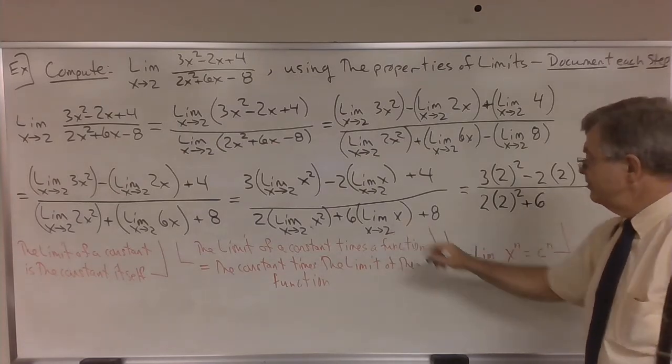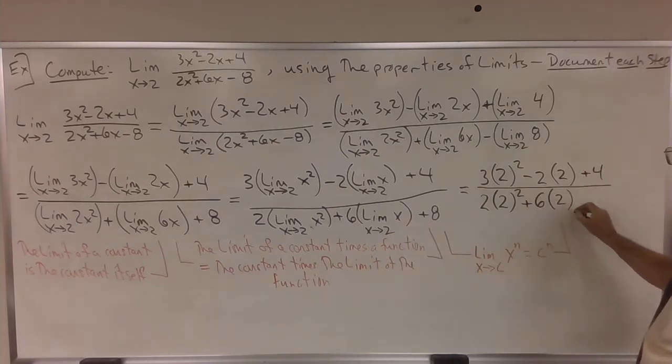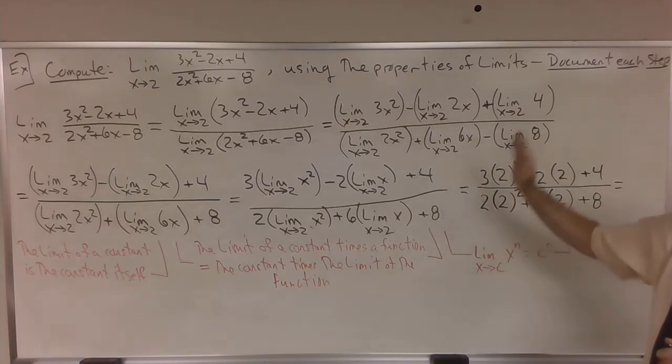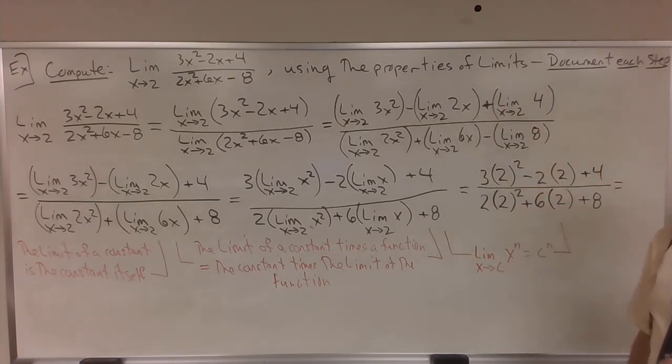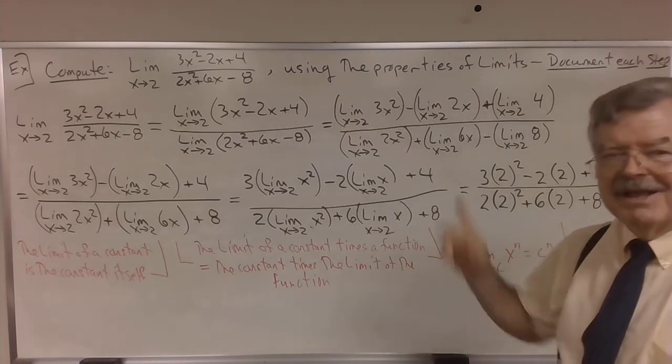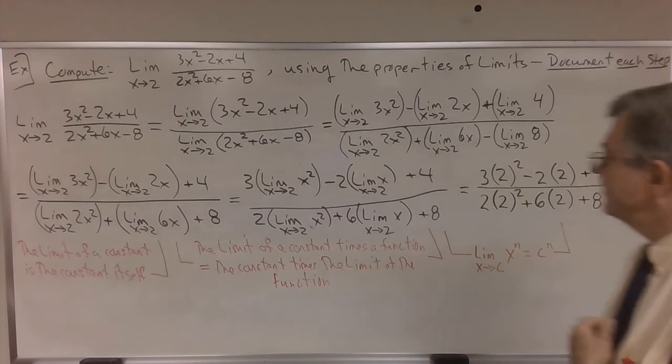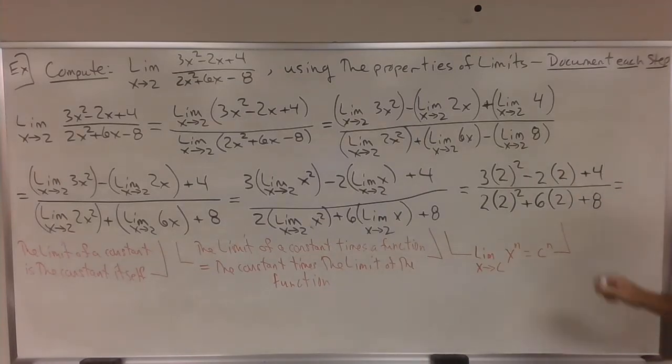So we plug in 2 for x. Now we're only computing the limit this way because the directions told us to. If we're not given these specific directions, we don't compute the limit this way. But let's see what we have.